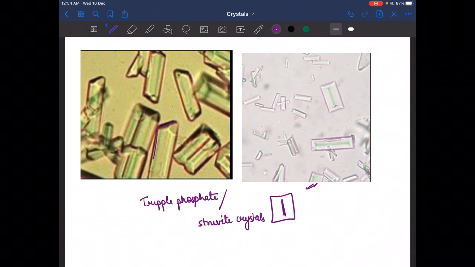In this photo also we can see one line, and in this also we can see one line. So these are triple phosphate or struvite crystals, and these look like a coffin lid.